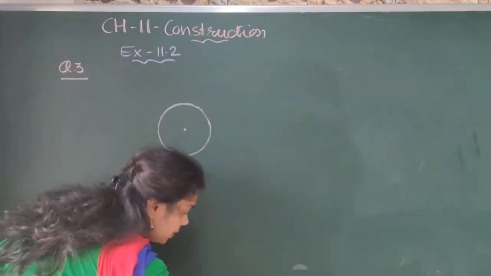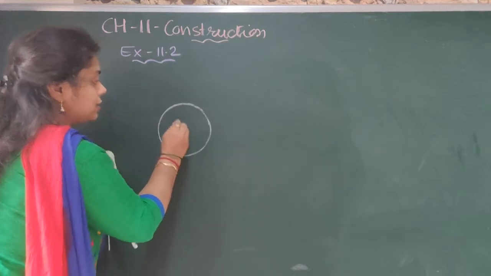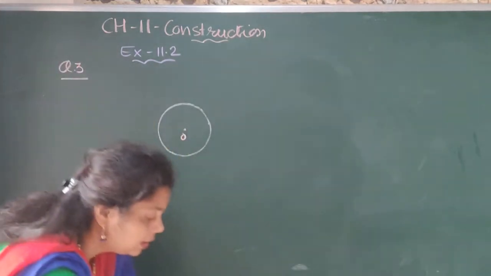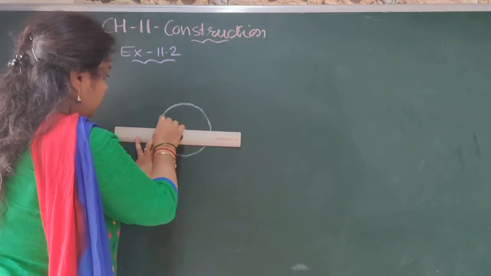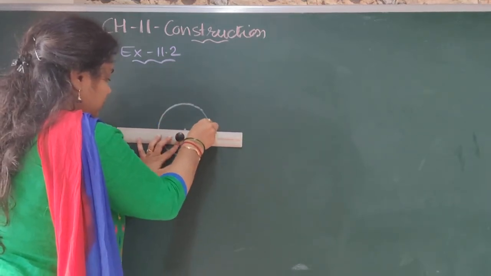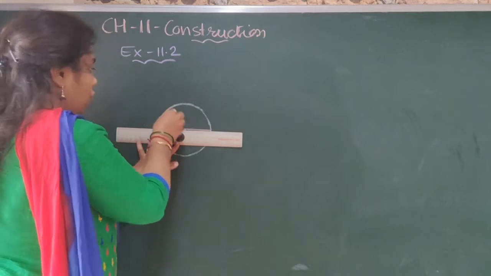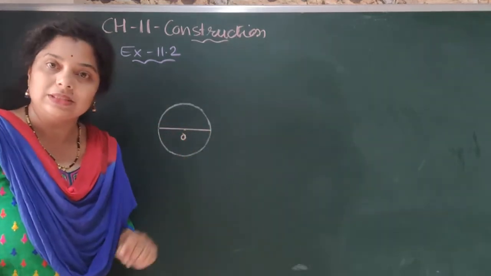Here I take O as the center, and here I am showing the diameter, which is the largest chord passing through the center.